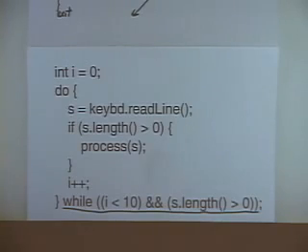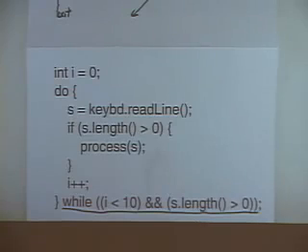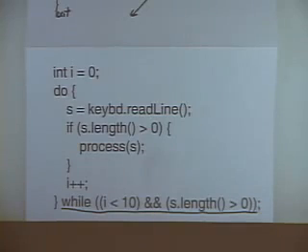Any questions about that? Yeah. What's so bad about break? Well, it's sort of like what's bad about goto. I don't know how many of you are familiar with goto statements from other languages, but they make the flow of control less clear.